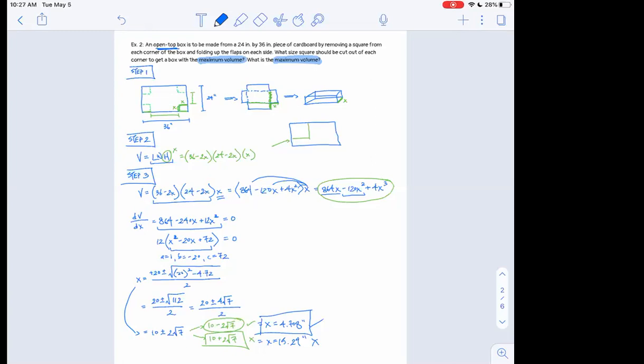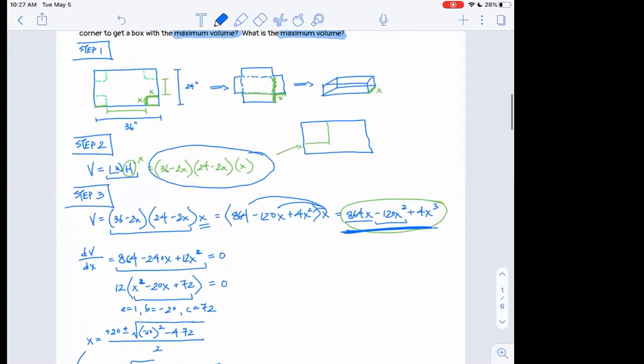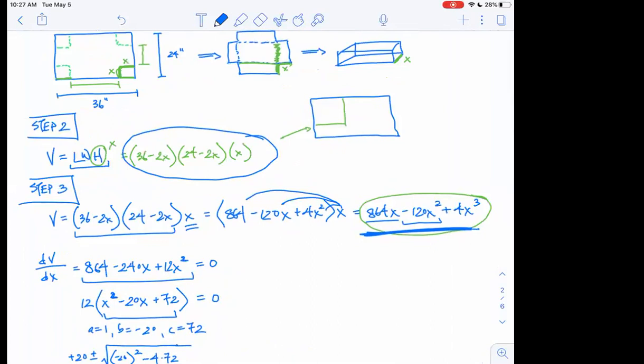So we need to take this 4.708 and plug it back into our volume equation. You can either plug it in here or plug it in here, your choice. But take a moment to calculate that out. I'm going to add our step 4 right in here.